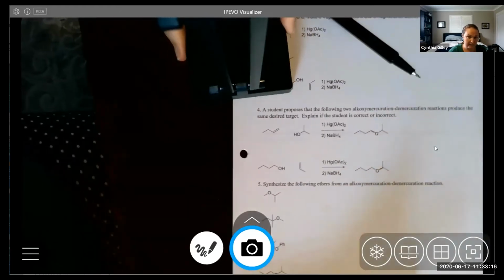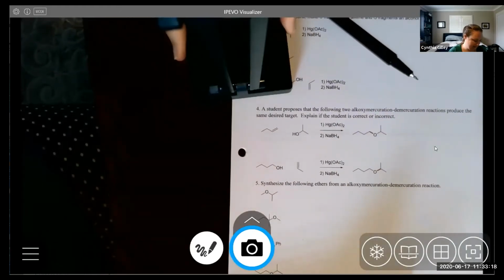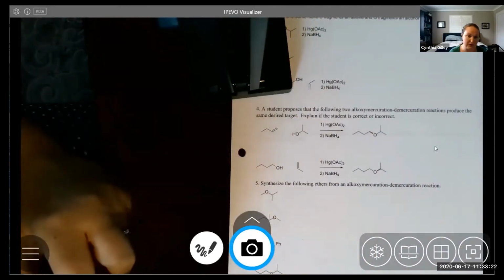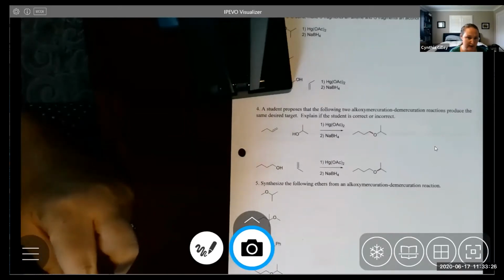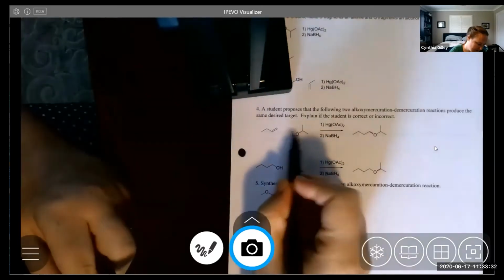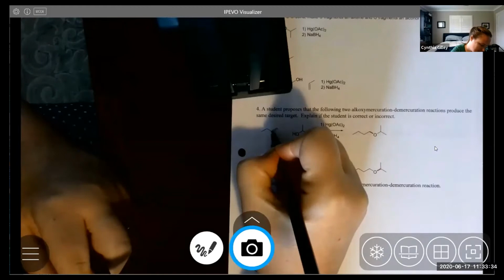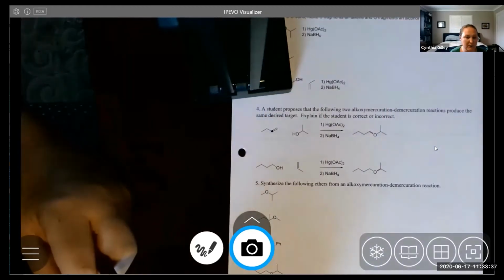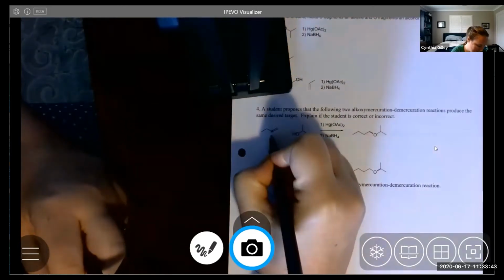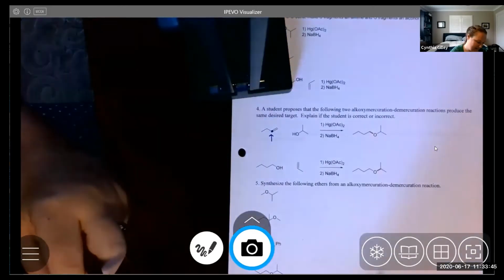And the next question says, a student proposes that the following two alkoxymercuration-demercuration reactions produce the same desired product. Explain if the student is correct. So from this one, remember that the alcohol group is going to go on the more substituted carbon. So this would have actually been installed here, not here.